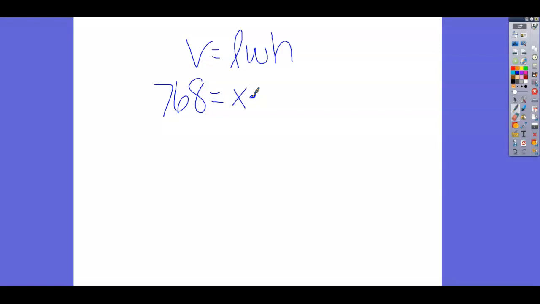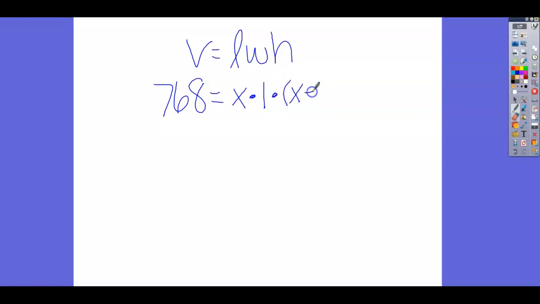I have to read for that part. What's our width? It doesn't say width, it says depth, which the depth would be how wide it is, right? So what's the width? 1 centimeter. 1 times, what's the height?